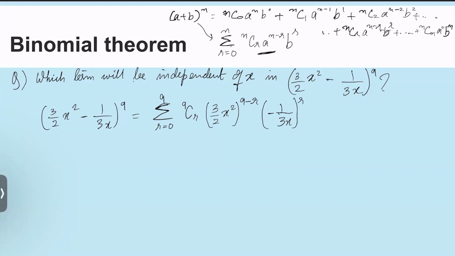Okay, so now we will have to find which term will be independent of x. So the term in this expansion where your x is going to be raised to 0 is the term that we need to find.